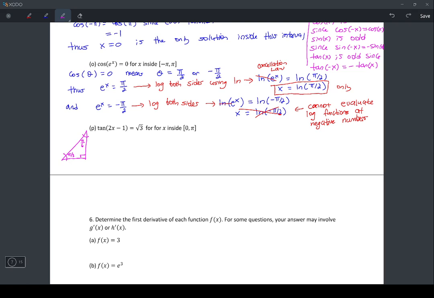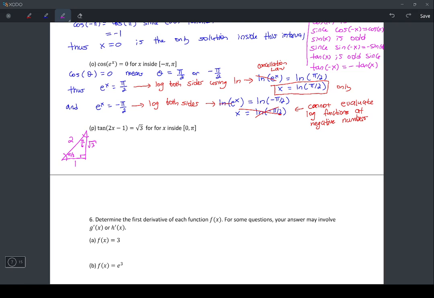I'm going to pick the smallest side. The smallest side is going to be across from the smallest angle. I'll set that smallest side equal to 1. And then the side across from the pi over 3 is root 3. And Pythagorean theorem gives the hypotenuse a length of 2.